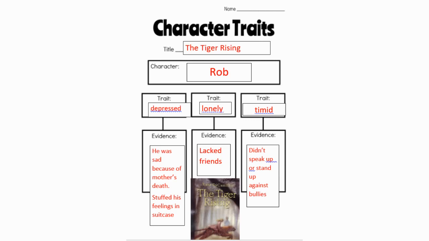That word means that he lacks confidence. Evidence for that is he didn't speak up or stand up against bullies when they were being awfully mean to him. He would just look down and try not to give eye contact to those characters. So this is a way of showing that with Tiger Rising, and it's a good review of work that we've already done before.